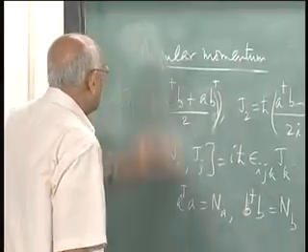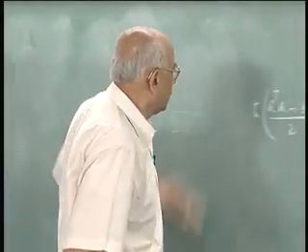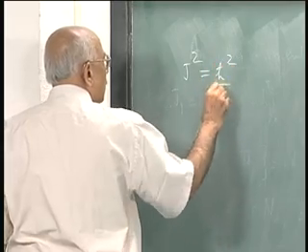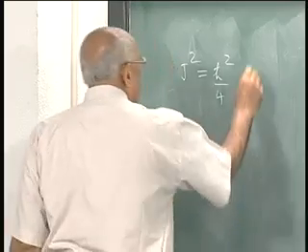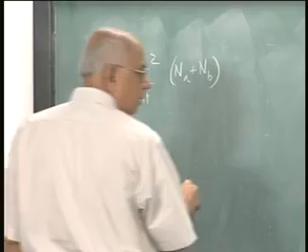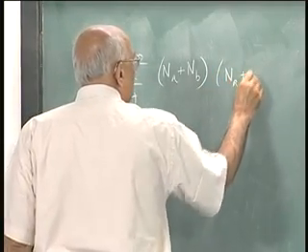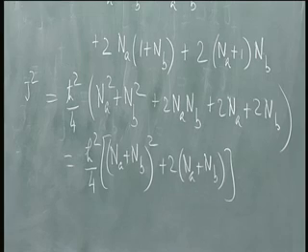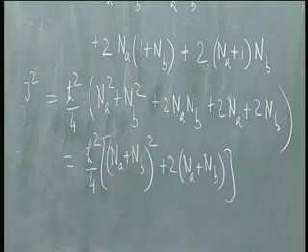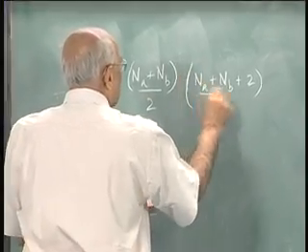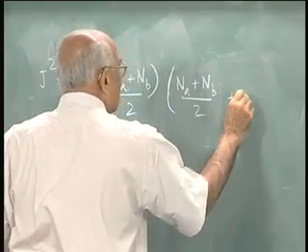Therefore at last we have our result, which says J squared is h-bar squared over 4 times (n_A plus n_B) times (n_A plus n_B plus 2), take out a factor n_A plus n_B in this fashion. So let us write this as h-bar squared times this over 2, that is my final result.